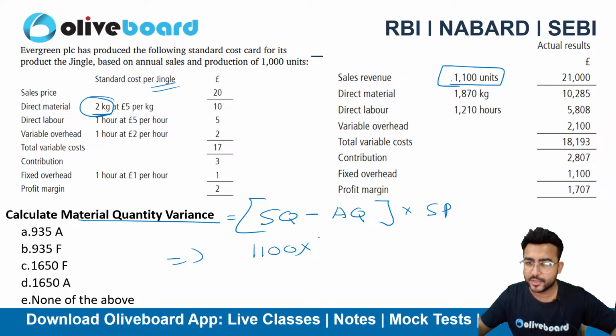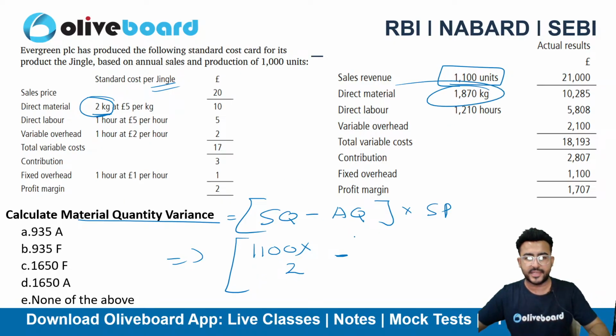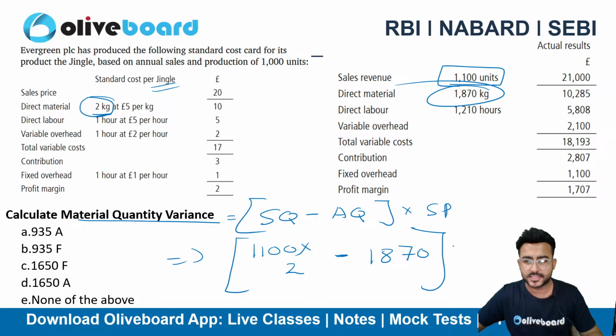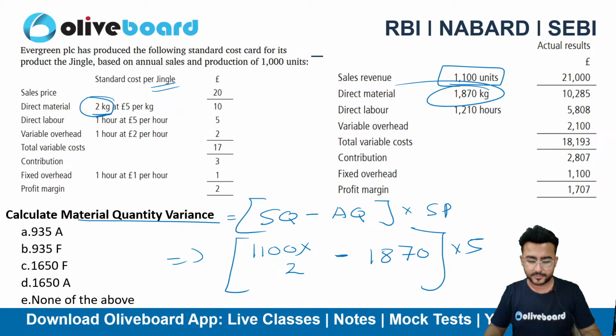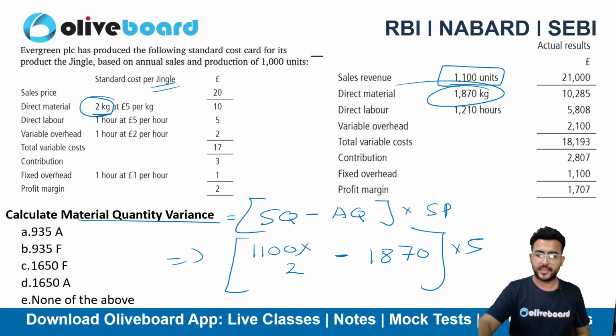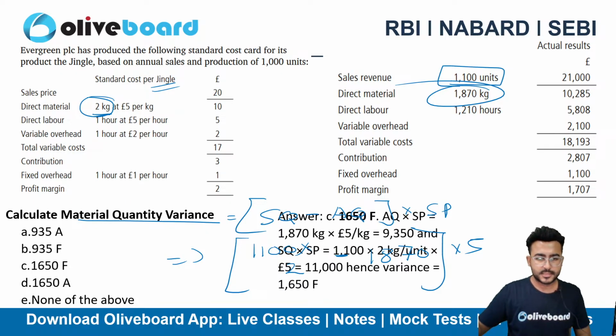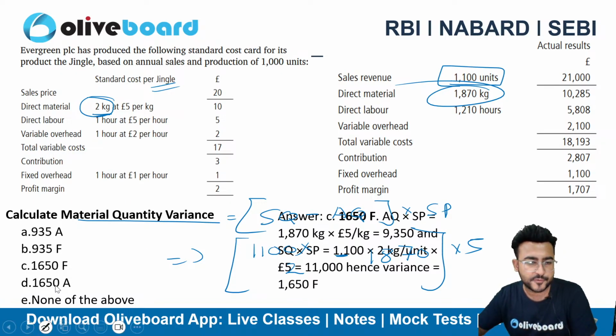So in order to produce 1100 units, I need 2 kg of raw material per unit. That's my standard quantity minus my actual quantity. Actually, I have consumed 1870 kg, multiplied by my standard price, which is nothing but 5. The correct choice here will be option C, 1650 favorable.